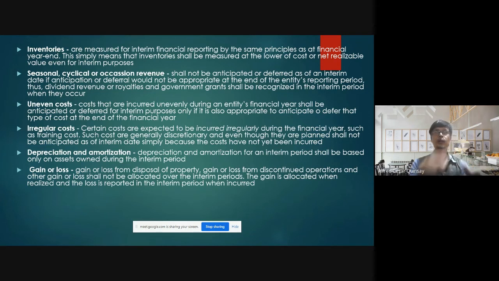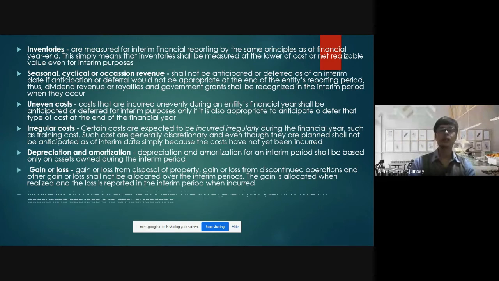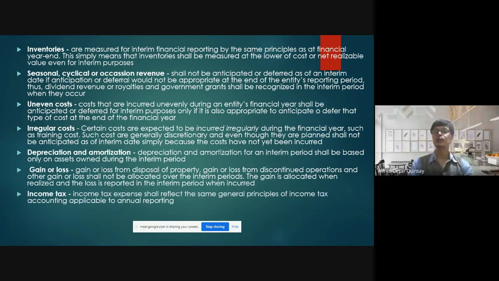So, like we said, only recognize revenue when it is realized and or when it is earned, and when it comes to loss, when it is incurred. Income tax expense shall reflect the same general principle of income tax accounting applicable to annual reporting. Yeah. So we're going to show you some of the examples.